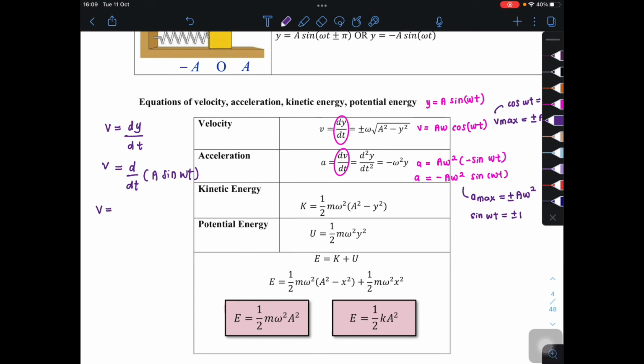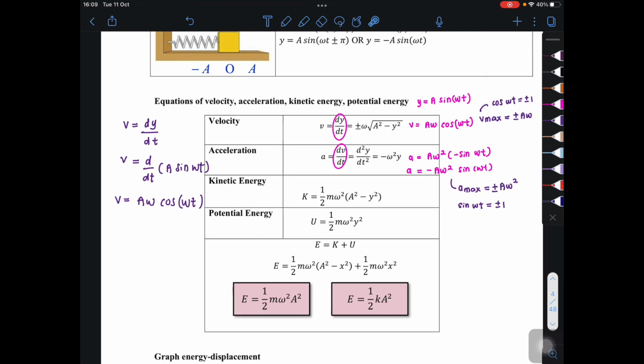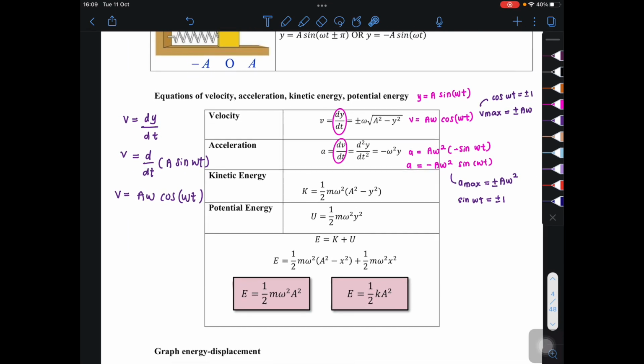So when we differentiate, kita differentiate A in respect to omega, so kita akan dapat A omega, and then kita differentiate sin akan dapat cos, and then the rest you just salin saja, cos omega t. So this is the equation untuk velocity. So boleh salin dekat dalam nota kamu, since I didn't include this one initially.